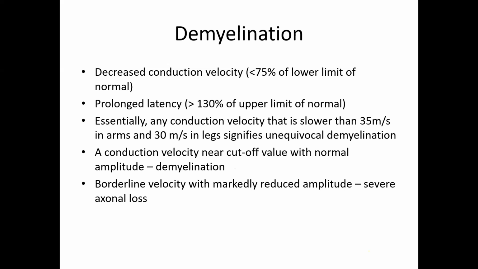There can be some inherited neuropathy with overlapping acquired demyelinating neuropathies also, giving a mixed picture. And then there is one more inherited neuropathy where you can get conduction block, which is CMT4, CMT4C especially.